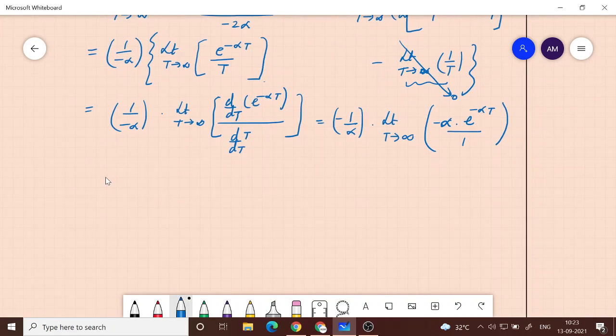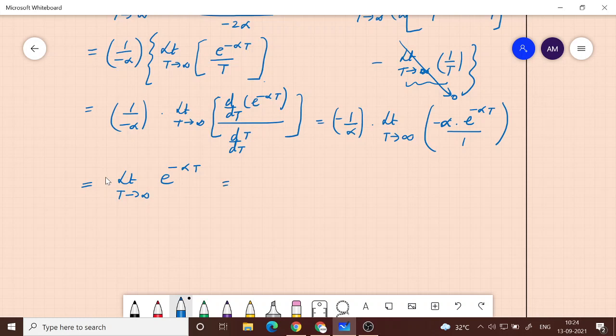So there is minus alpha and minus 1 by alpha, they will cancel. So this is basically limit of t tends to infinity e raised to minus alpha t.